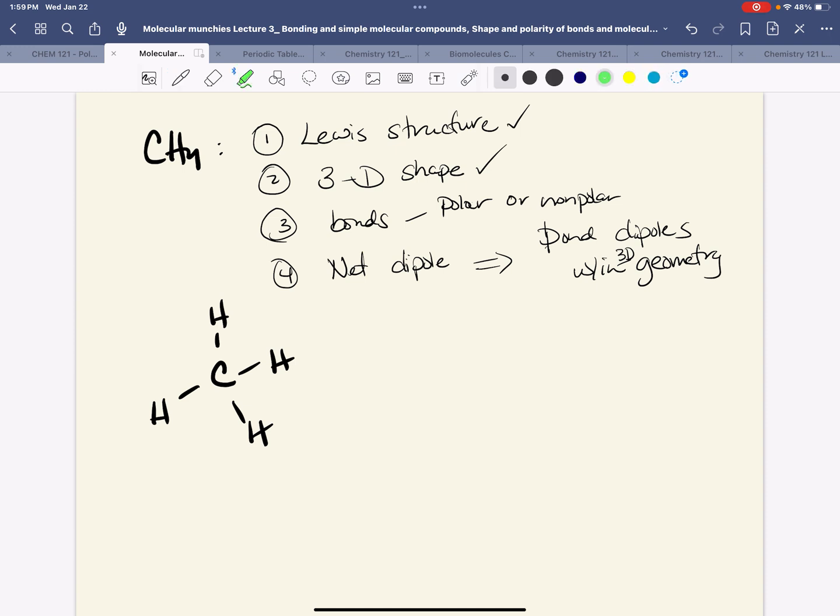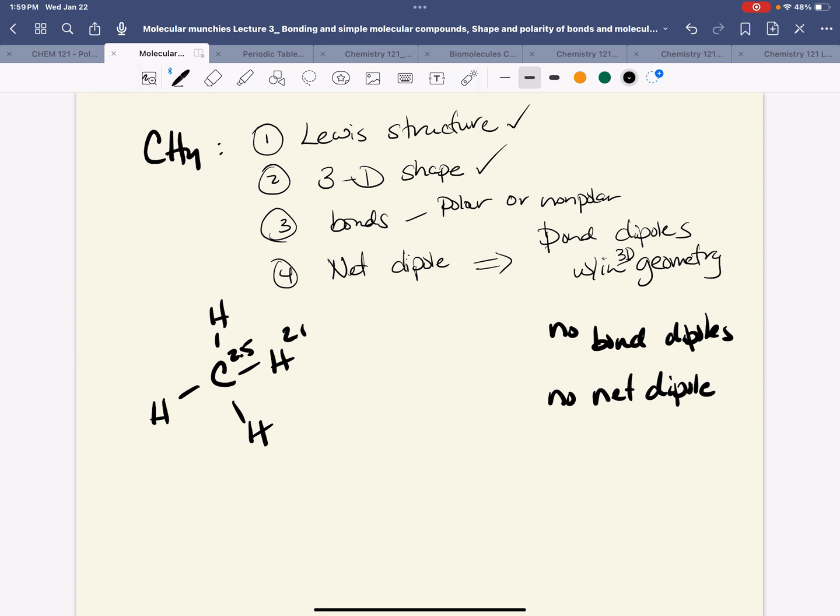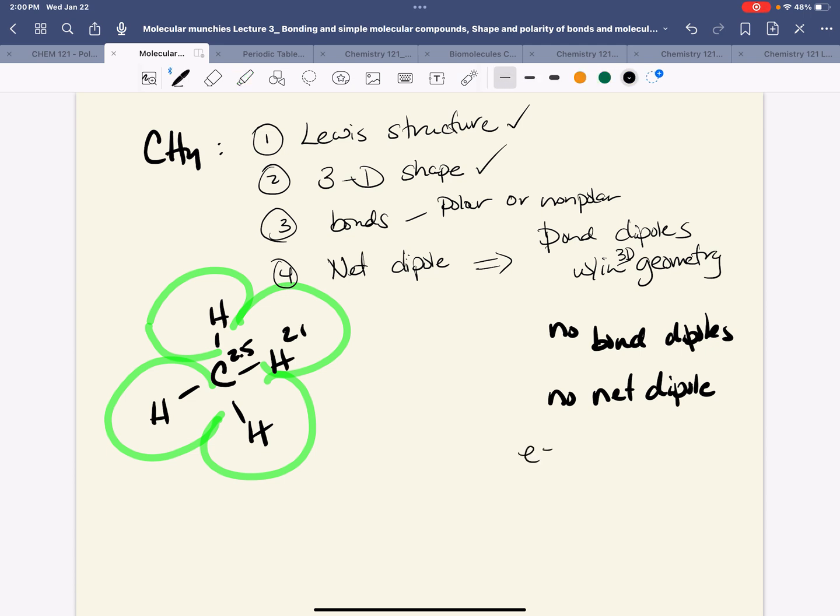The difference between the carbon, 2.5, and the hydrogen, 2.1, indicates there are no bond dipoles. Within the 3-dimensional shape, that means there is no net dipole, because nothing is pulling in opposition. Ultimately, that means the electron distribution is symmetrical, which is the really important part, because that means this is a nonpolar molecule.